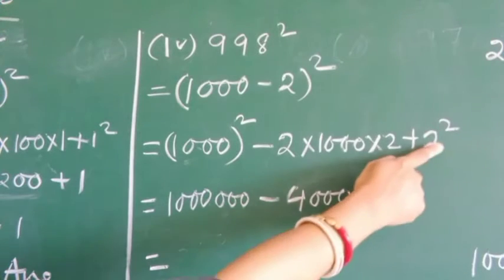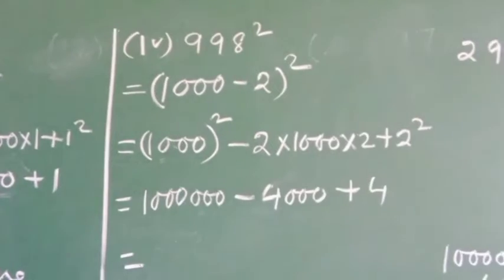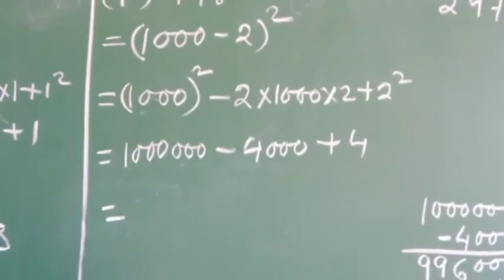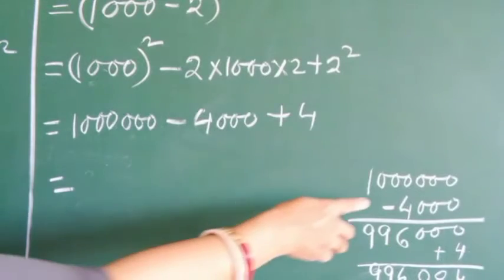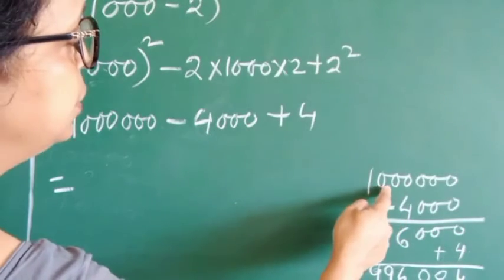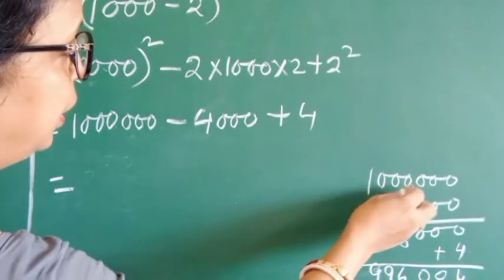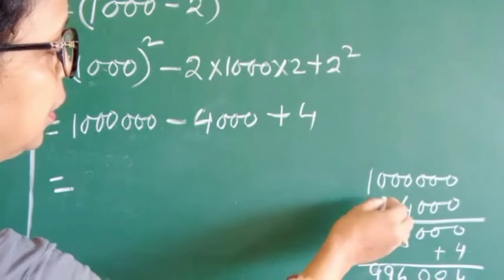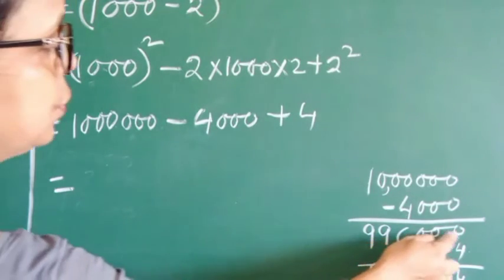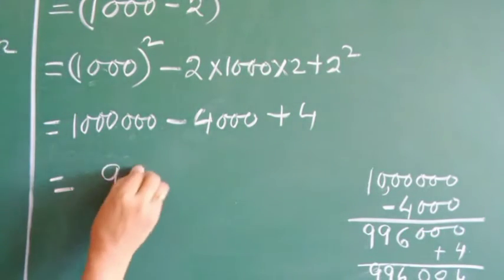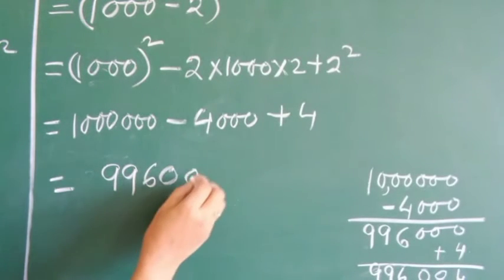Plus 1 square, which is 1. You subtract, and you can show the subtraction also in the rough work. 1,000,000 minus 2000 gives 998,000.